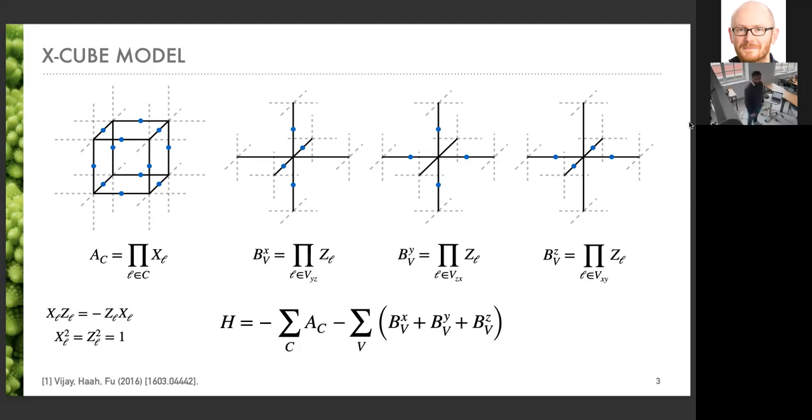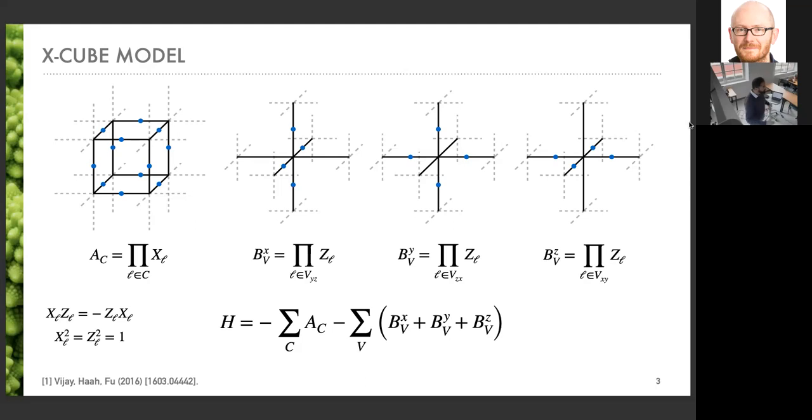Now, you can go play around with this model. There's something really nice about it: this model is exactly solvable. And why is that? Because every term in the Hamiltonian commutes with every other. These terms themselves commute because they are all just Z operators.